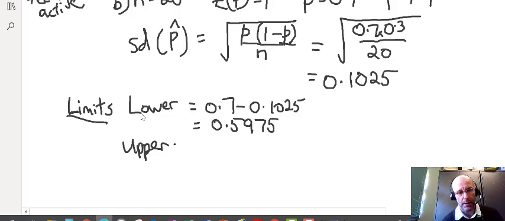The upper limit, guess what? We add the standard deviation onto the mean. That's 1 standard deviation above. And we get 0.8025.